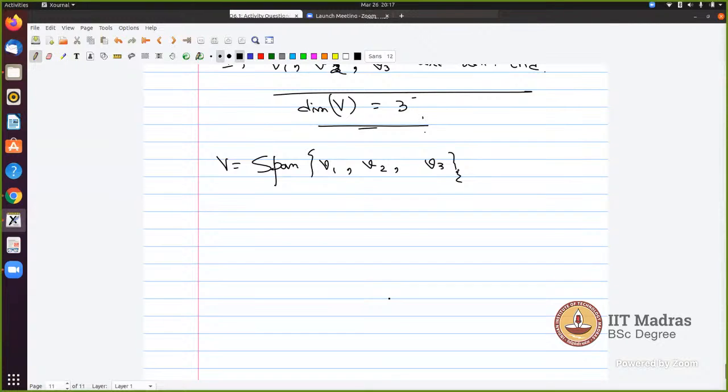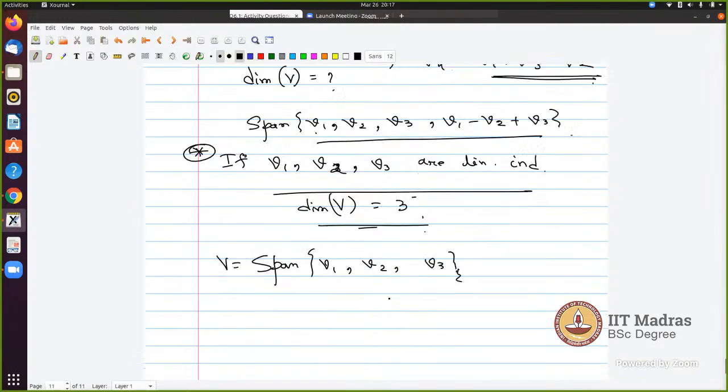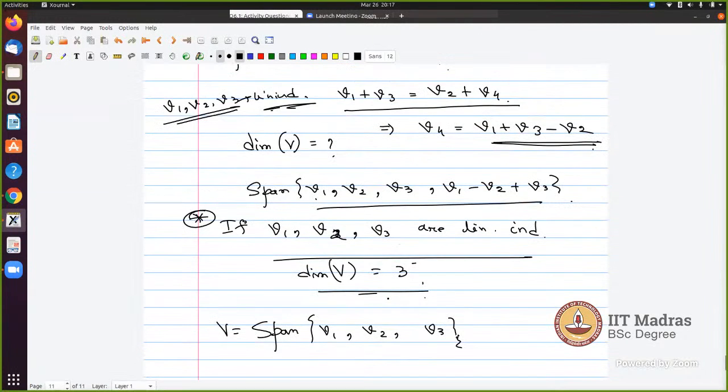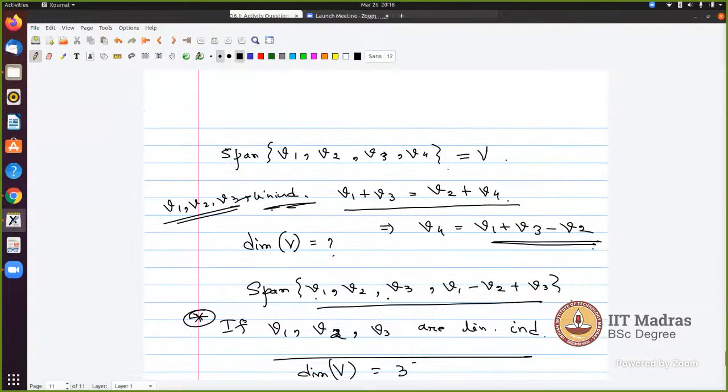But sir, if V1 plus V3 is equal to V2 plus V4 here, so we can express the linear combination as twice V1 plus V3, right? How? Yes, sir. To get any vector in V, V1 plus V3 is anyway equal to V2 plus V4, so we can just mention 2 times V1 plus V3.